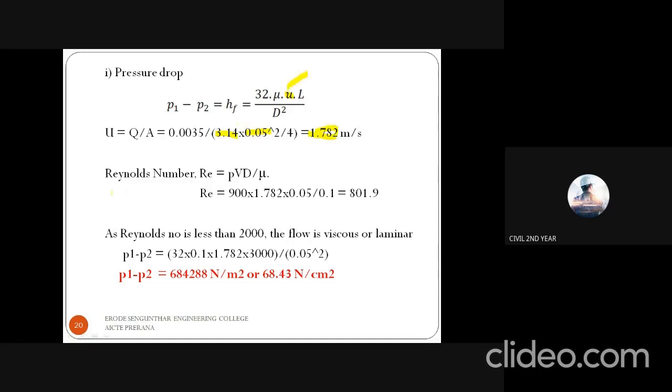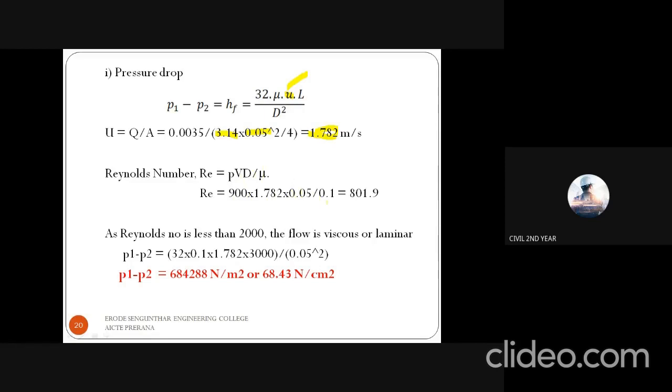Then we have to find out the Reynolds number, because we have to find out whether it is laminar flow or turbulent flow based upon that value of 2000. The Reynolds number formula is known: Re equals rho V D by mu. Rho is the density of the fluid, 900. V is 1.782, diameter is 50 mm, so 0.05. Then mu is 0.1.